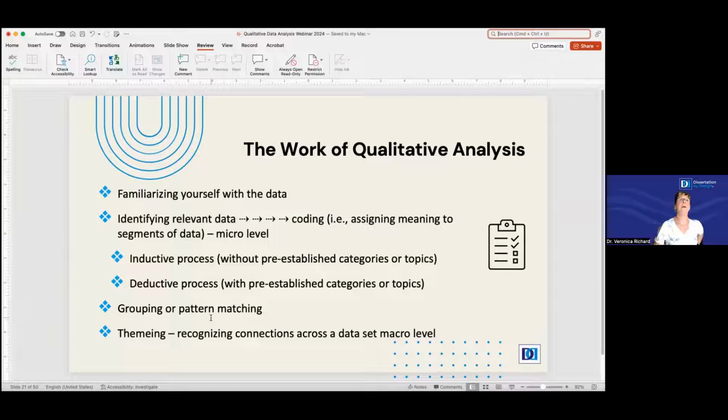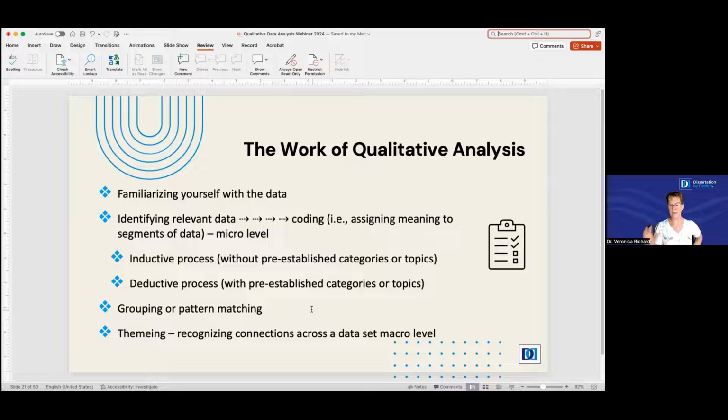Maybe phenomenological analysis is the closest to linear, just because we are working in very specific steps of identifying statements, and our interpretation is a little bit more involved and different in a phenomenological process. However, I still think that we move back and forth in inductive and deductive.